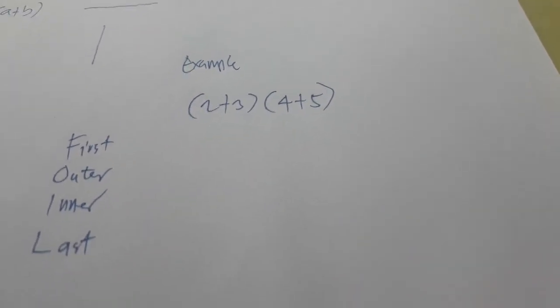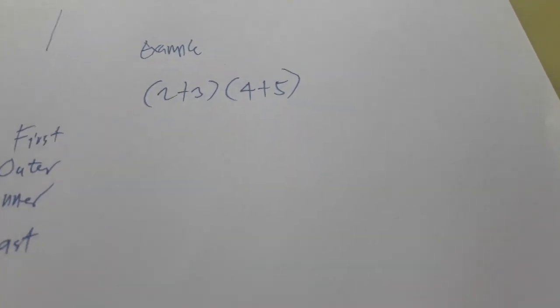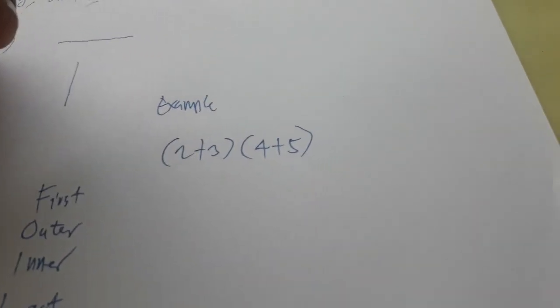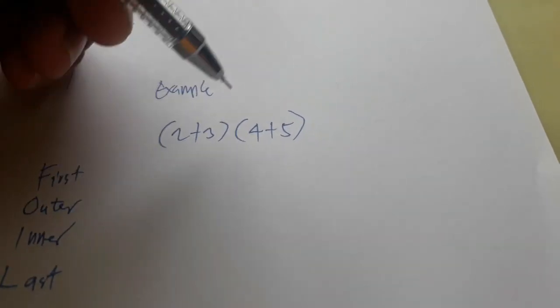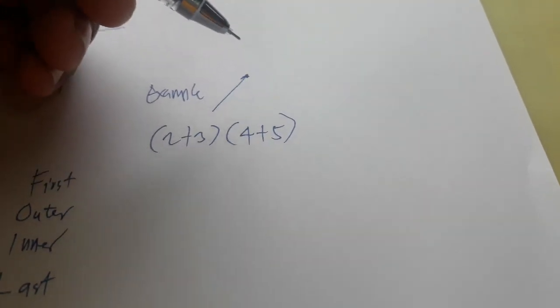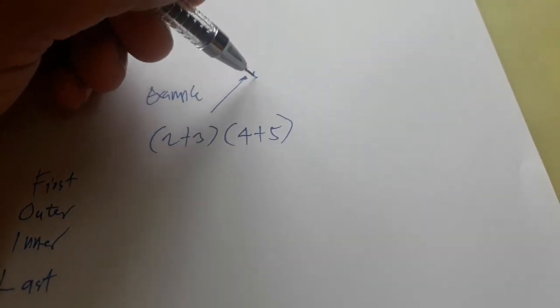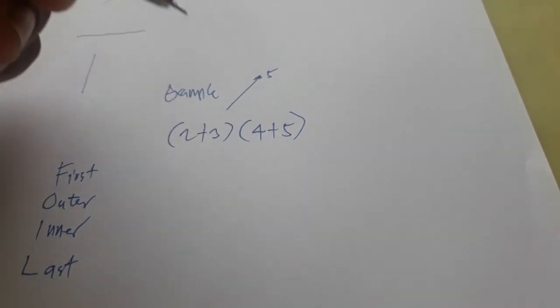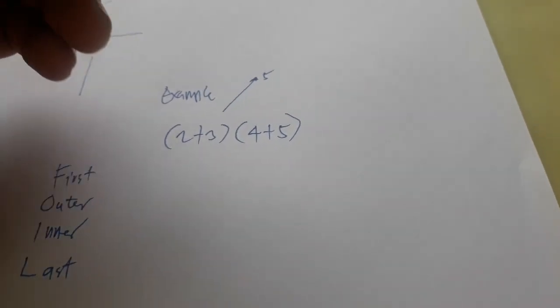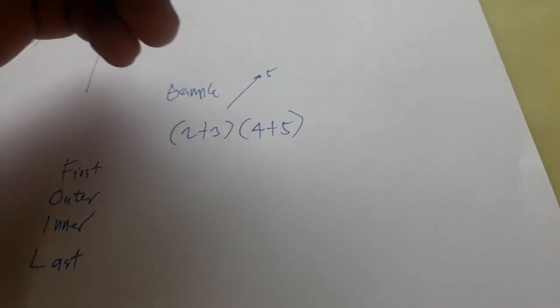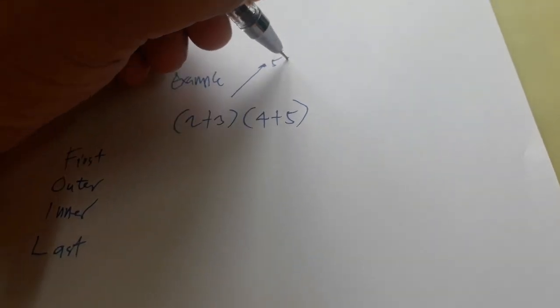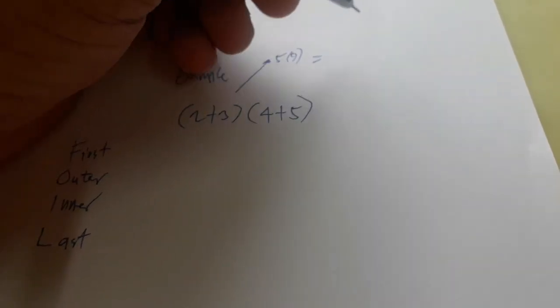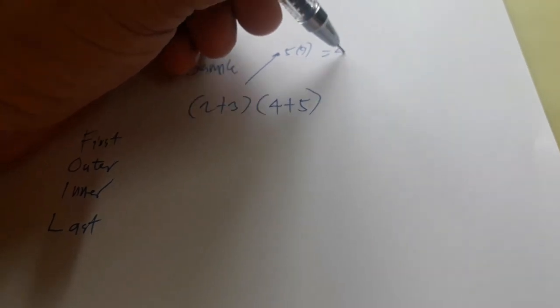By a mere look, we can actually simplify this: what is 2 plus 3? This is 5. Then how about 4 plus 5? This is 9. So 5 times 9 is 45.